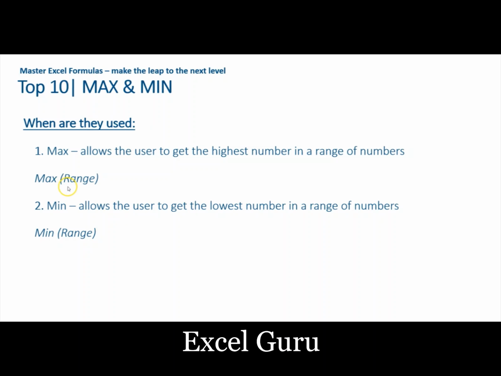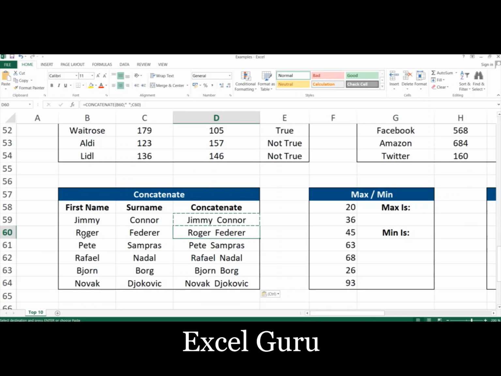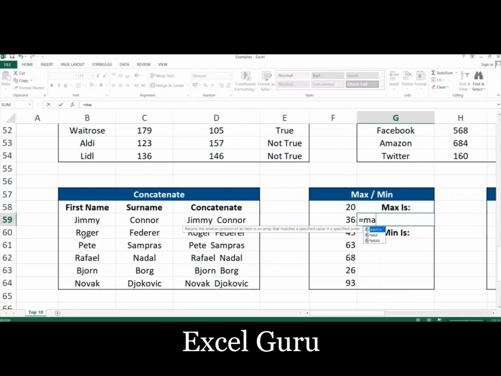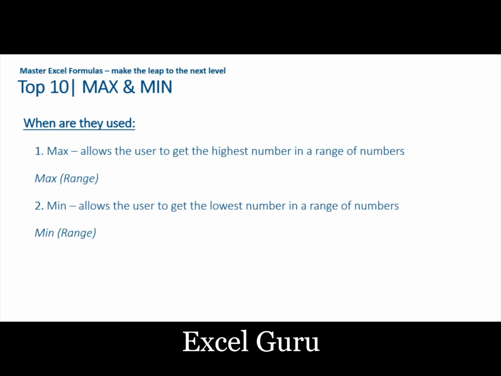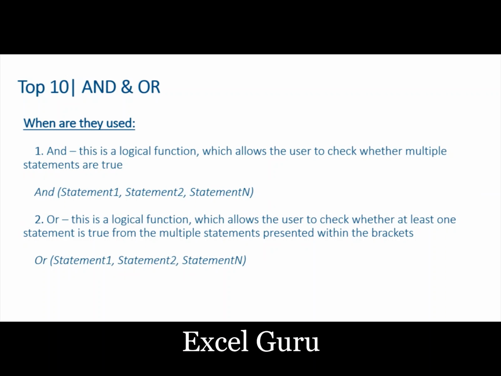So you have max, and then we need the range in which to get the maximum value from, and the minimum is pretty much the same thing. Now, just to show you the example, the maximum from this range here is 93, and then the minimum is 20.